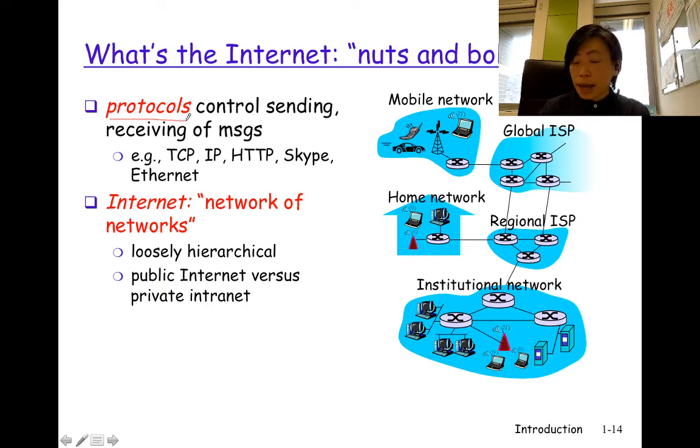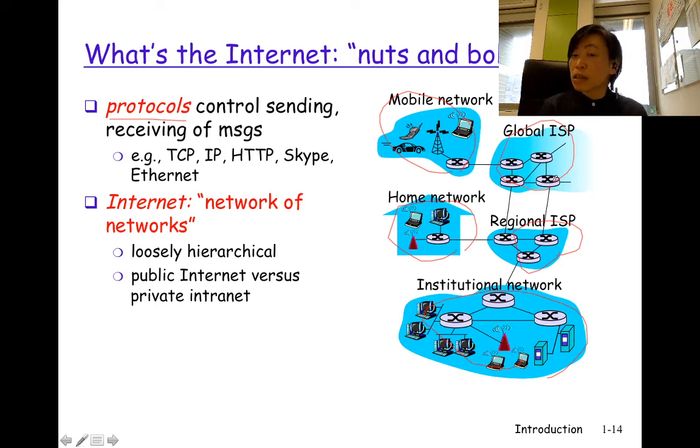Next, the internet is really, structurally speaking, a network of networks. Look at this. Isn't this a network? We actually call it the mobile network. This one here is a home network, a residential network. This one here is an institutional network. Regional ISP network, global ISP network.